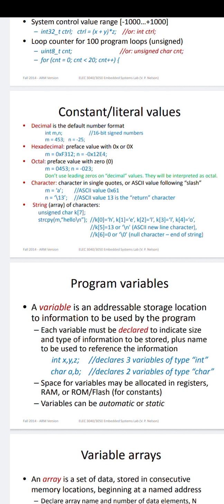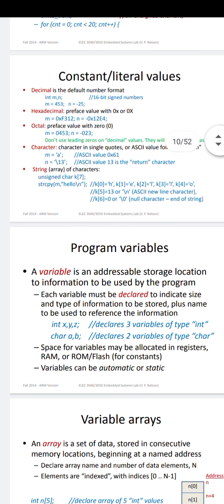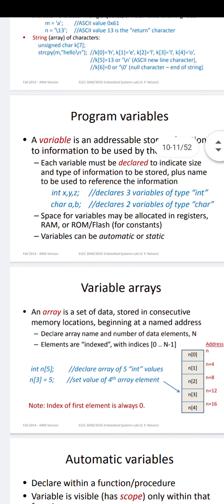Space for variables may be allotted in registers, RAM (random access memory), or ROM (read only memory) for constant values. These variables can be automatic or static program variables.